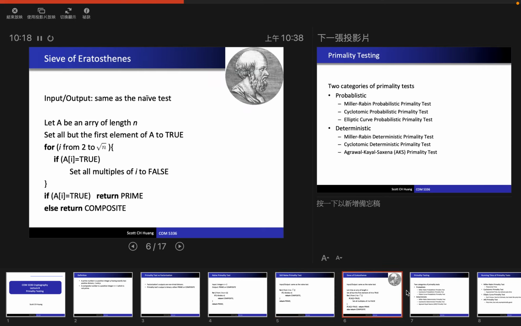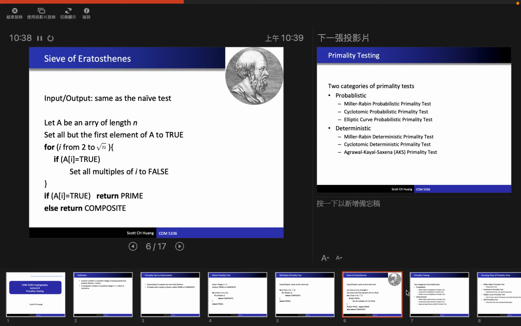There's another way called the sieve of Eratosthenes. This is from an ancient Greek. He has this idea. He basically used an array to bookkeep all these numbers.